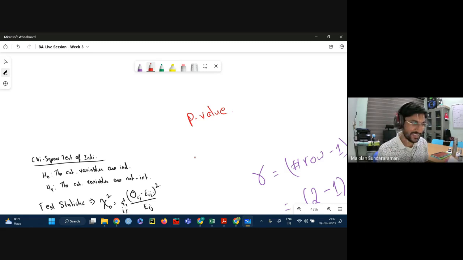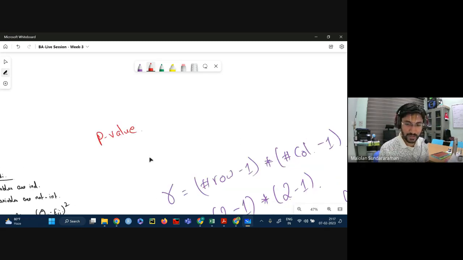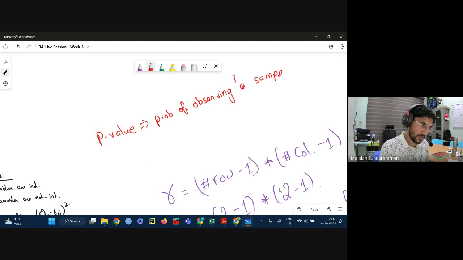No one remembers. A very, very important concept and a very, very basic concept. P-value is the probability of observing this sample given the null hypothesis is true.